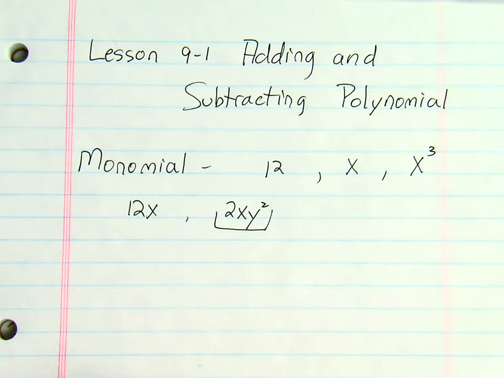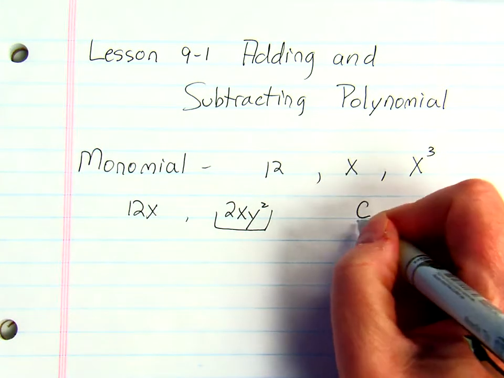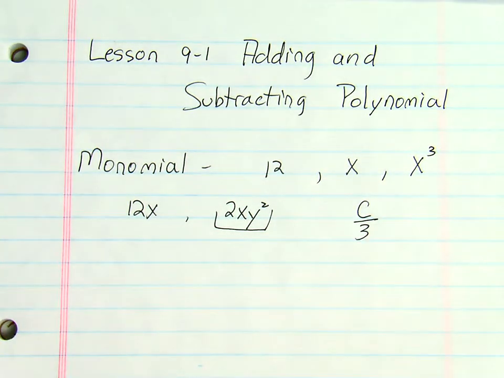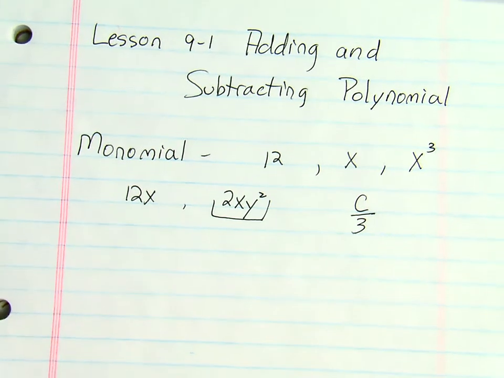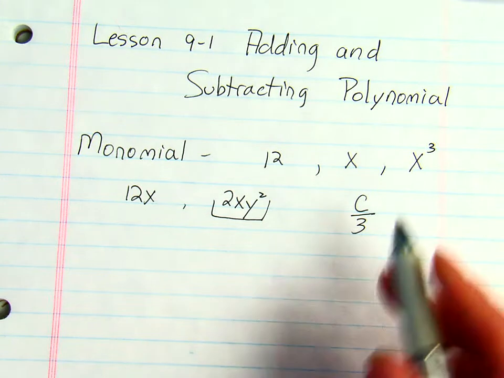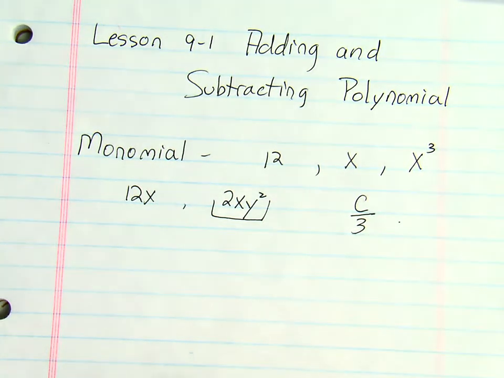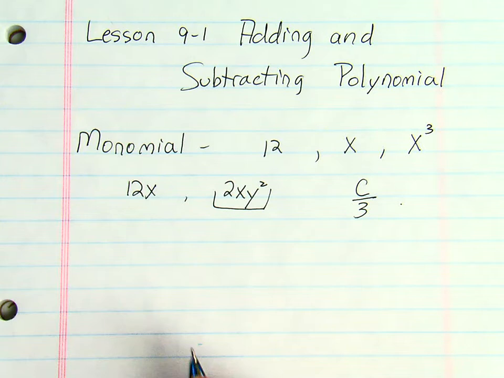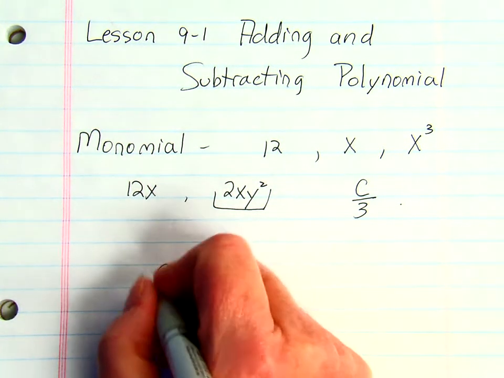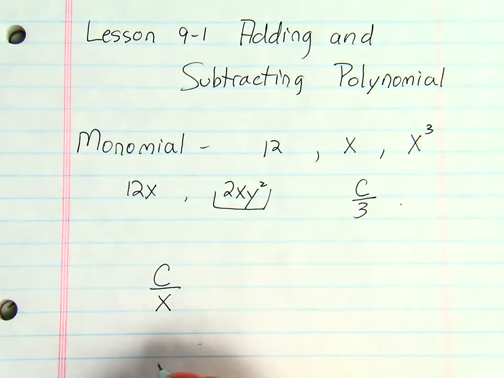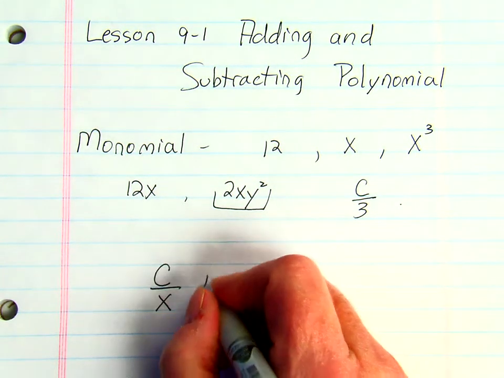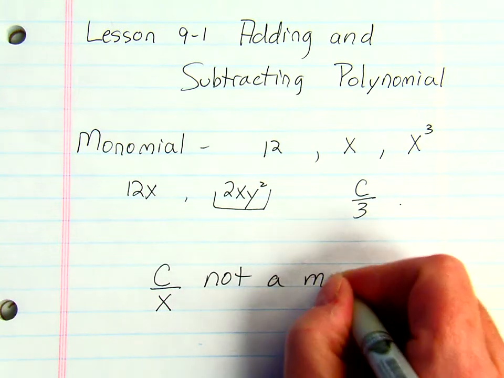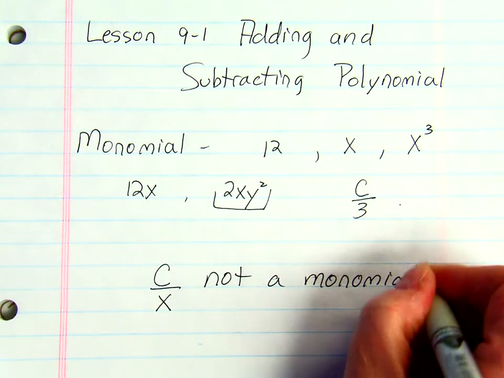There is nothing else in there besides this multiplication, or we can also have it as division, c over 3. That is also a monomial. Now c over 3 is a monomial, but let's make a note here because we need to understand that c over x is not a monomial. What do you think the difference there is?